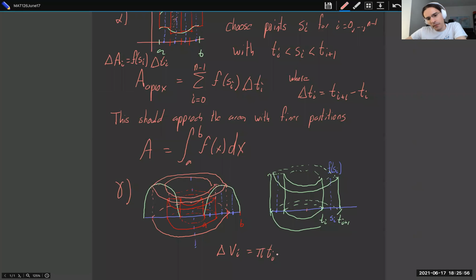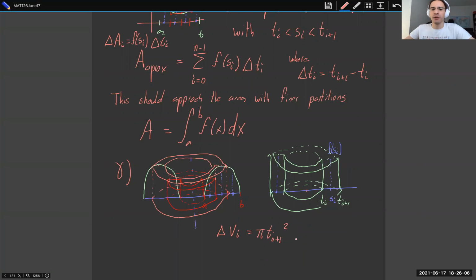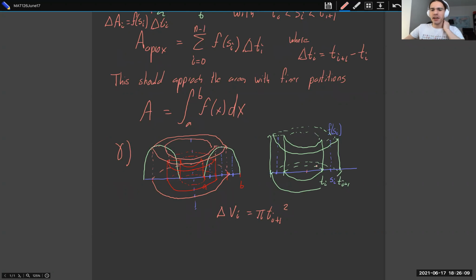Yep. Now what I can do is take the area of the base and multiply it by the height. Okay, fine. What's the volume of the bigger cylinder then, ignoring that there's a hole in the middle? What do I multiply this by? s sub i. Exactly. And then if I'm subtracting the hole, then that's going to be minus, and then just the inner radius is t sub i, f of s sub i.